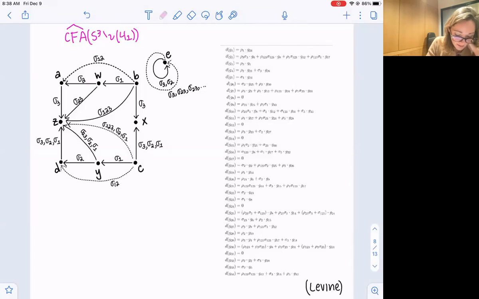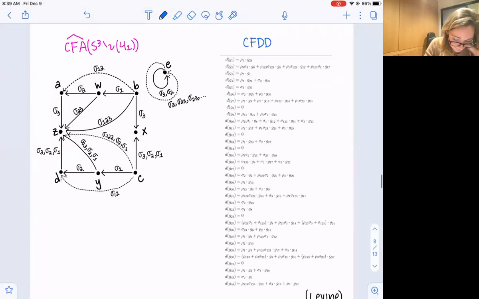And then on the right-hand side is that bimodule that Adam computed. I've given one of them to you in the form of a module, and the other I've just listed out the differential.